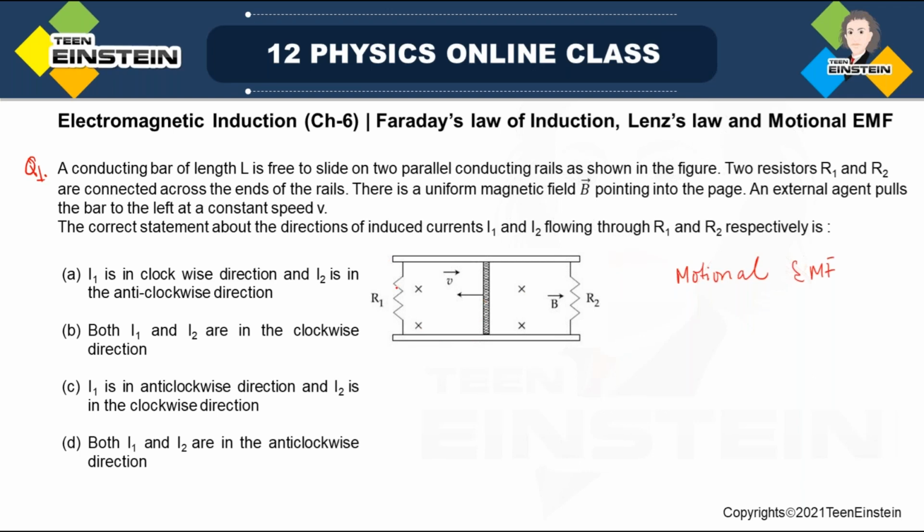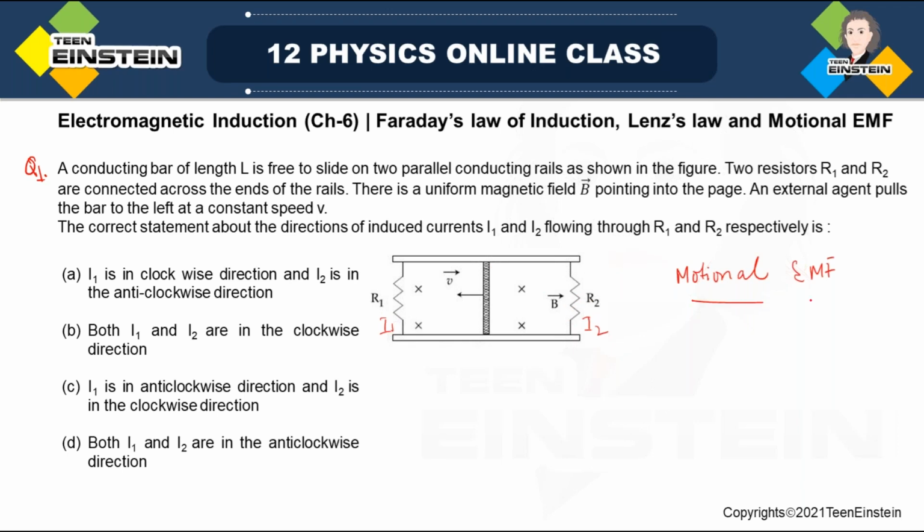There are two resistors R1 and R2 connected across the rails, so there are two currents: I1 through R1 and I2 through R2. So when this conducting bar moves towards the left, what will be the direction of the current in R1 and what will be the direction of the current in R2?